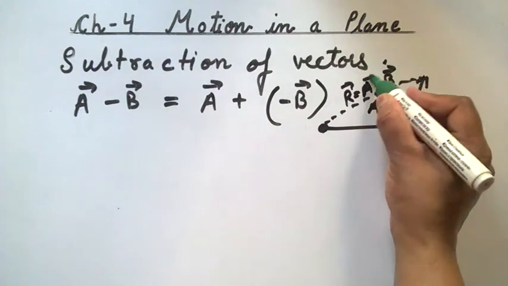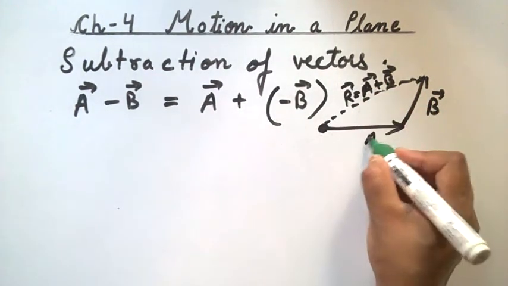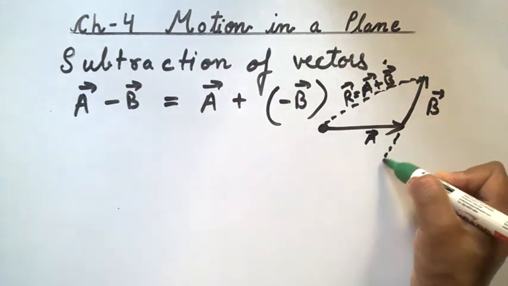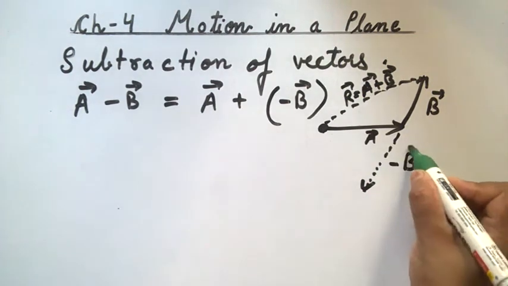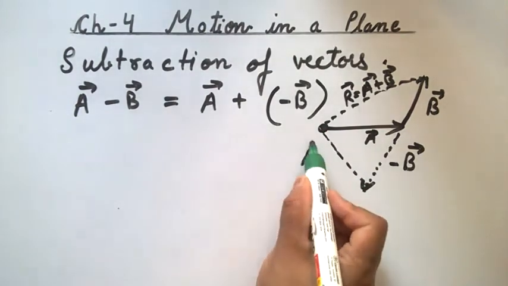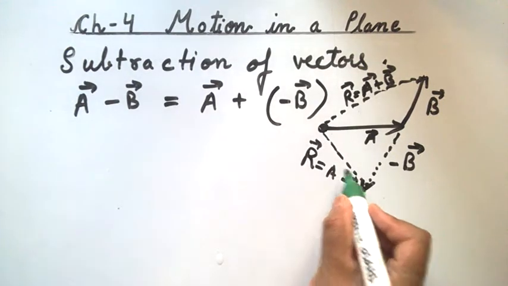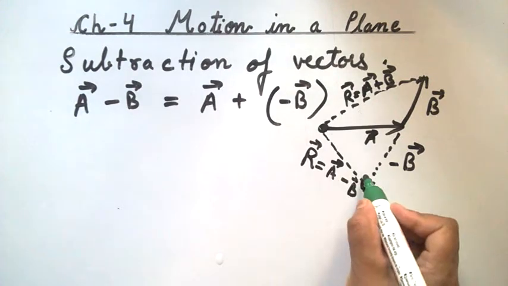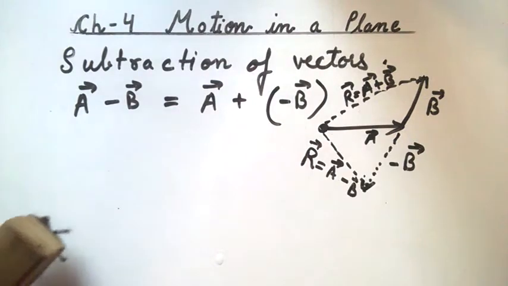If we want to subtract, this is the positive side of b vector and this gives the negative side of b vector, and this will be the resultant. So we write r vector equal to a minus b vector. This is the way we can find the subtraction of two vectors.